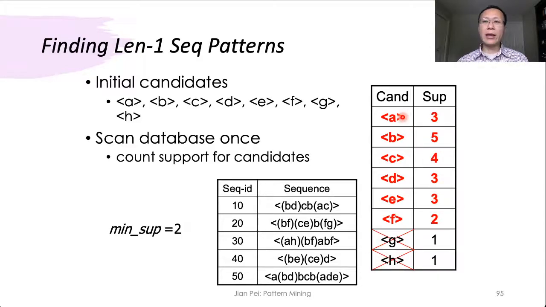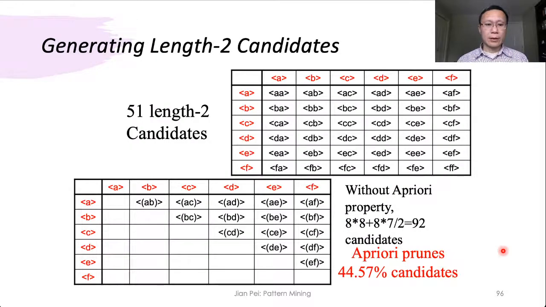And the remaining items are the length 1 sequential patterns. Then we can turn to generating length 2 candidates using the length 1 sequential patterns. This is a little bit trickier than the candidate generation in a priori on a transaction database.